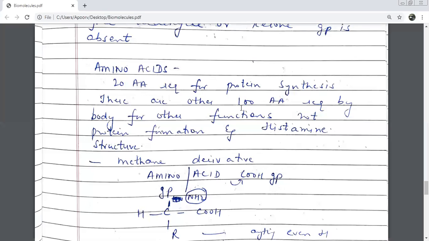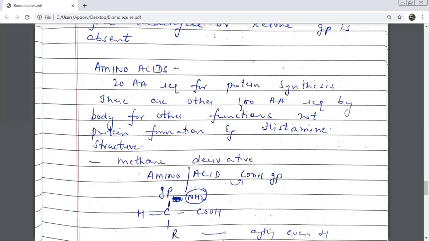So you think histamine is important for your body? Immunity power? Yes, ma'am. So this is a kind of amino acid, but it is not involved in protein synthesis. Only how many amino acids are involved in protein synthesis? 20. And besides that, we need many amino acids for the normal functioning of our body.